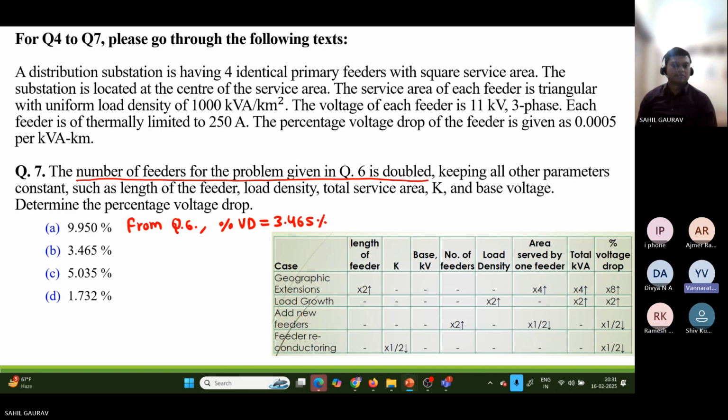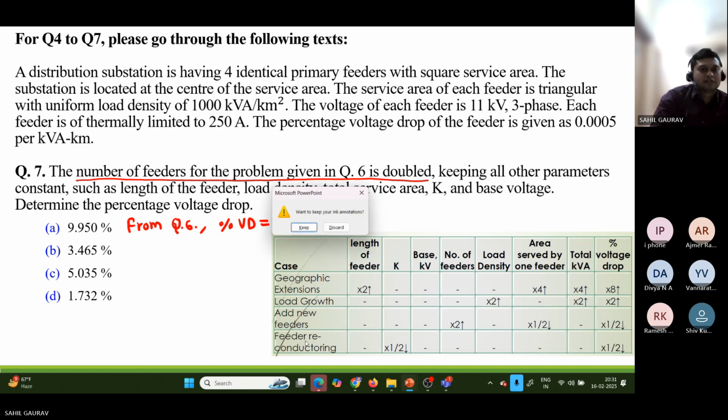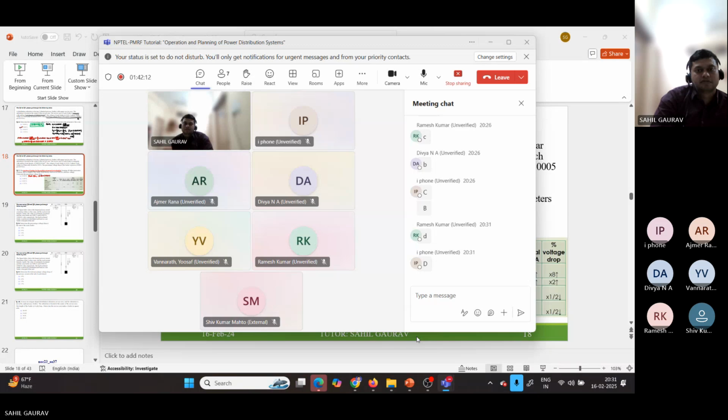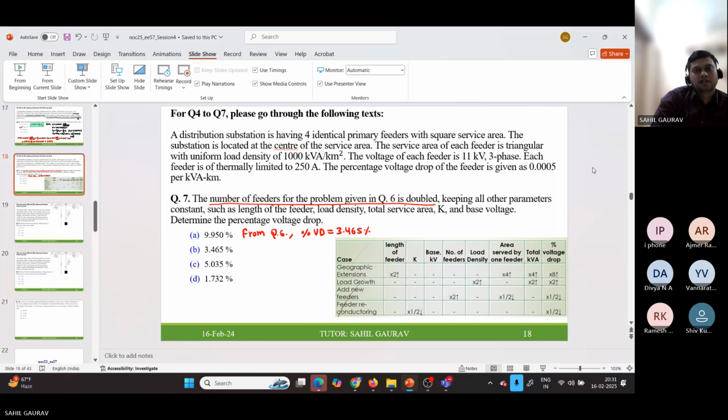B half. D is the correct answer. Ramesh, you are also correct.